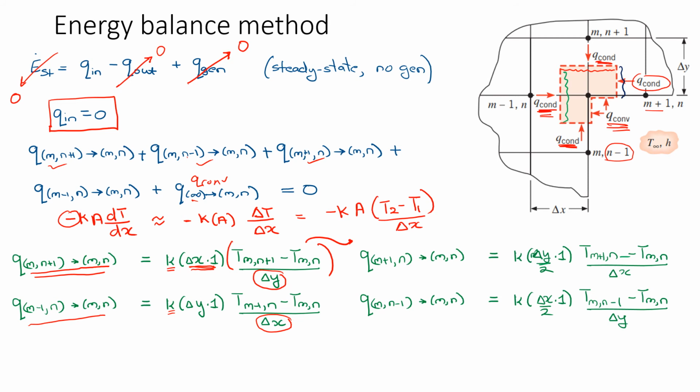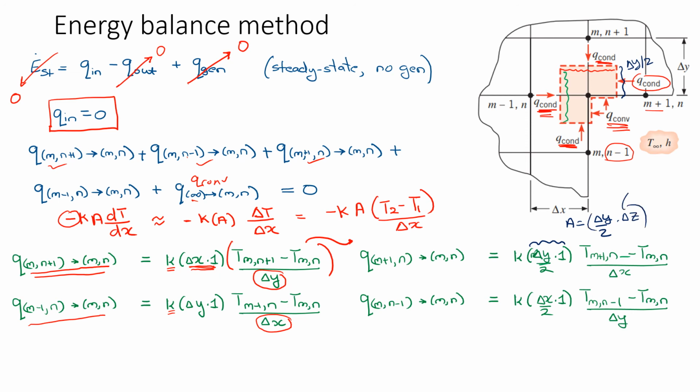So the heat that is being transferred from the right node to m comma n is just being transferred through a delta y by 2 area, right? So your area when you consider conduction will be delta y by 2, because that's the area across which conduction is taking place, times delta z.